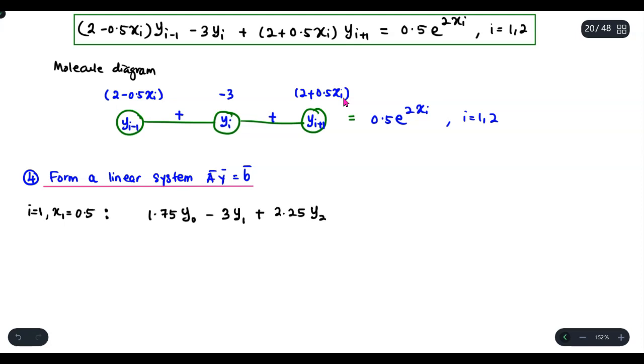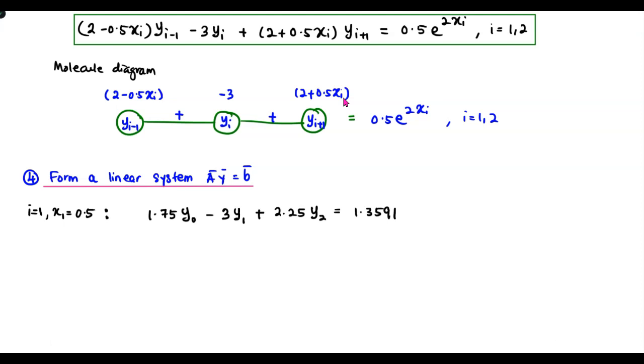At the right hand side, the same thing, you can plug in x1 as 0.5, so you have a known value. Multiply 0.5 and the exponent term, so you will have 1.3591. So that is your first equation.